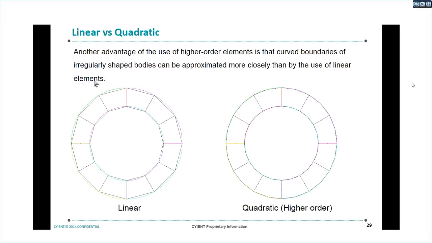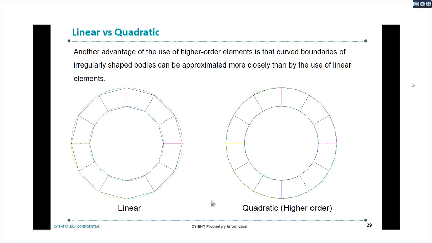Here is another small example for understanding linear and quadratic. This is a hollow circular plate. When we put linear elements, the geometry is not at all captured.